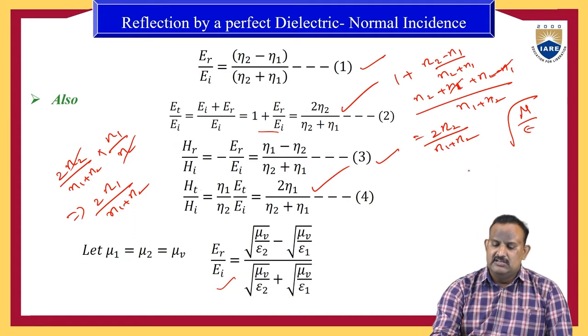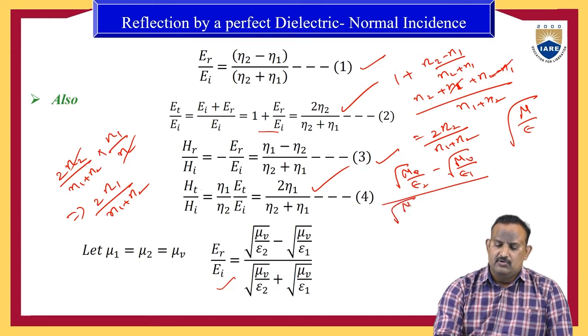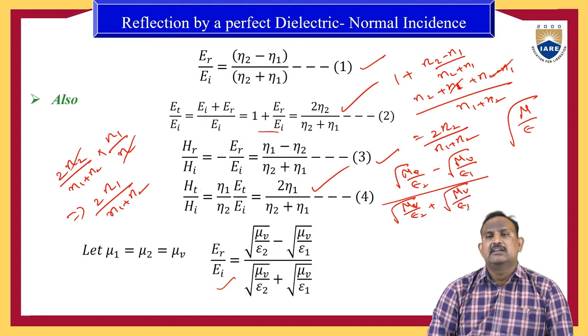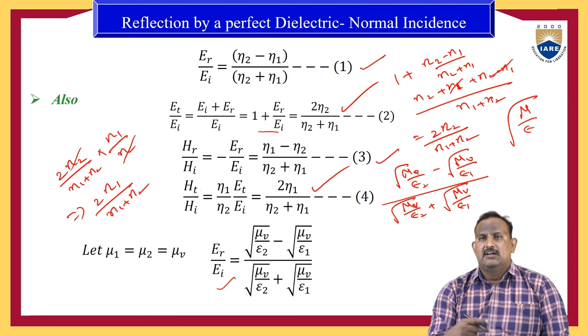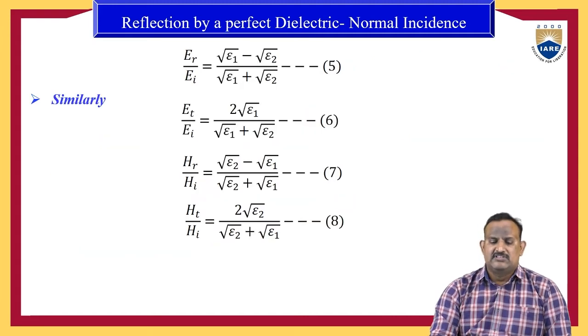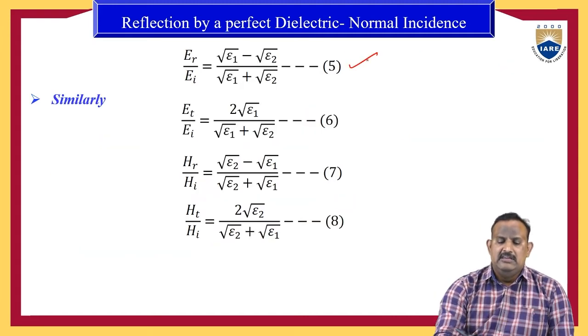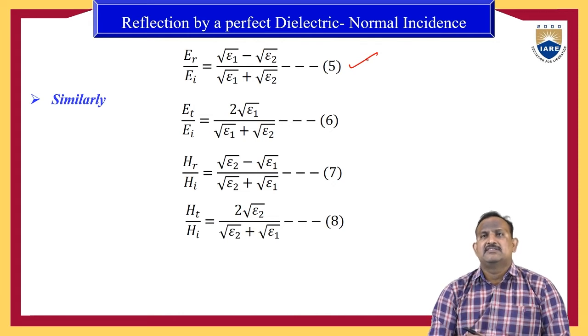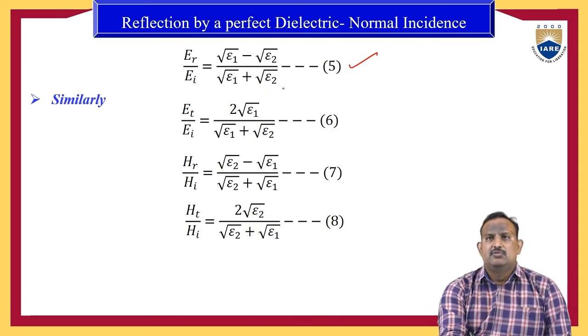So eta 2 is root of mu v by epsilon 2 minus root of mu v by epsilon 1, by root of mu v by epsilon 2 plus root of mu v by epsilon 1. Write the expression like that. In all four expressions mu v is common, so we can take mu v in the numerator and denominator and cancel it. After simplification, we have ER by EI is equal to root of epsilon 1 minus root of epsilon 2 by root epsilon 1 plus root epsilon 2.